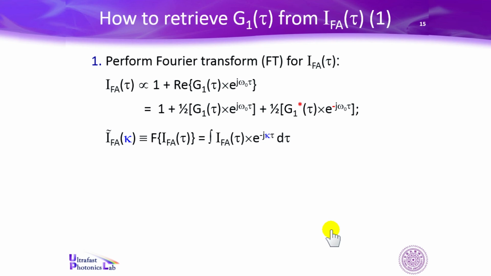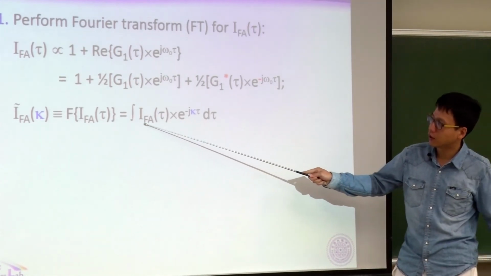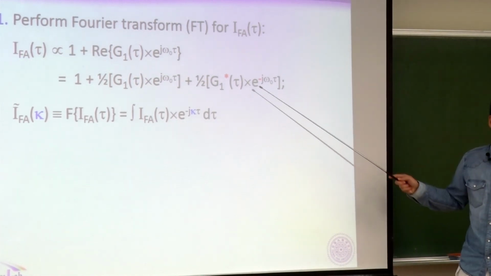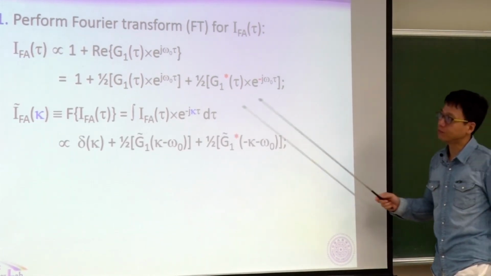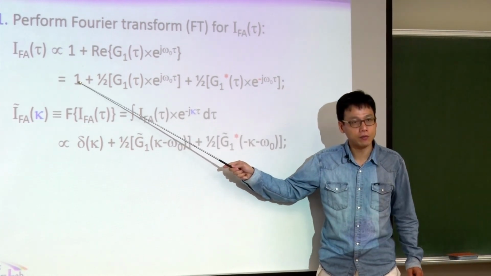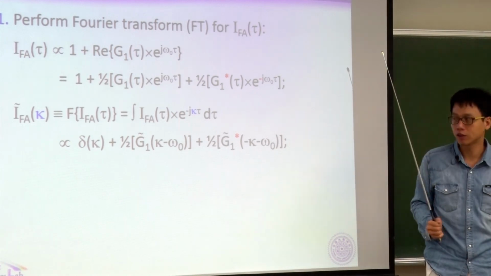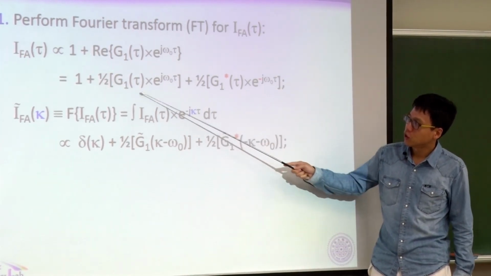Then what happens if the integrand is this one? You see 3 terms, right? The first term, constant 1, after Fourier transform is a delta function, delta of kappa. The factor 1/2 is preserved.